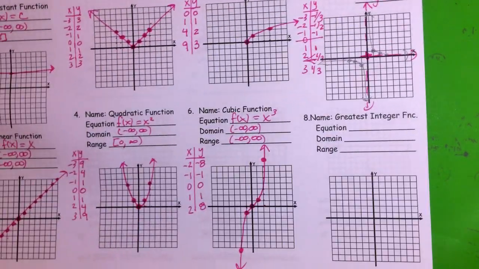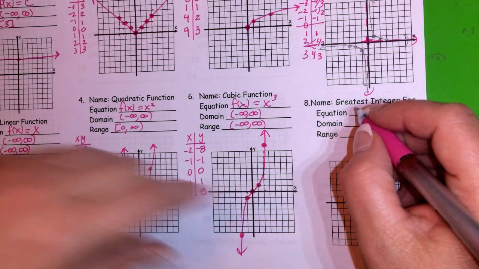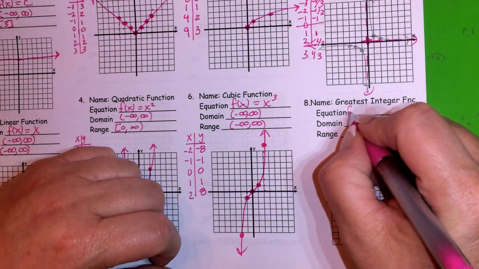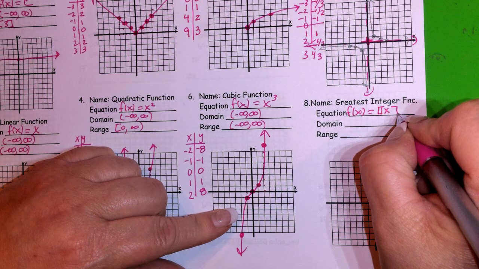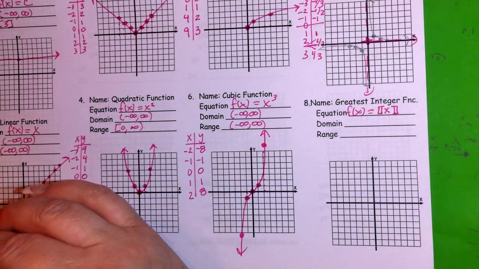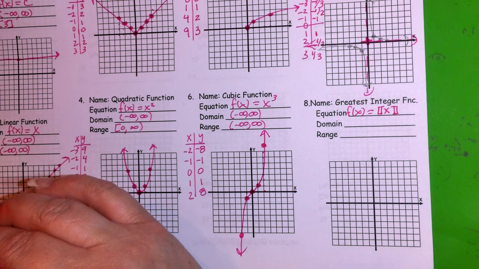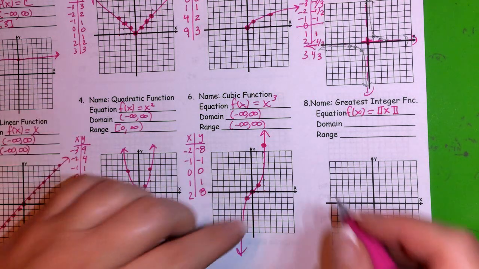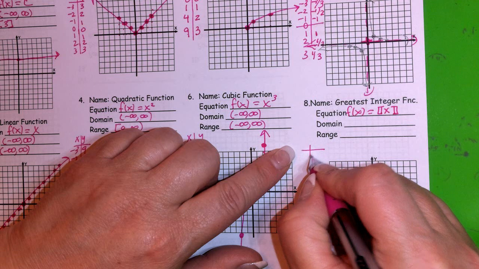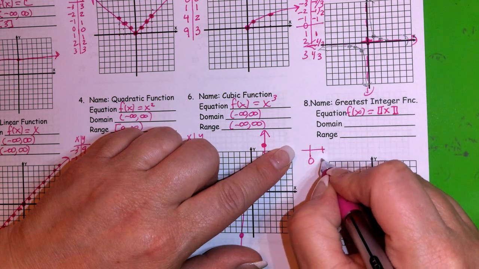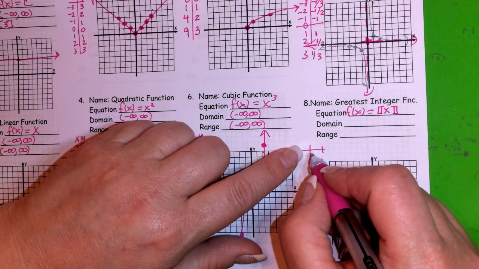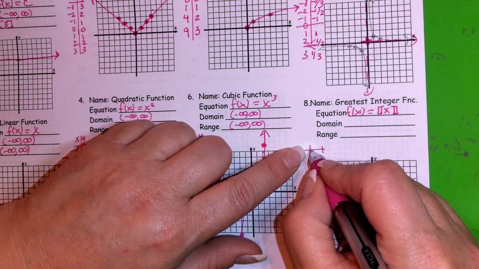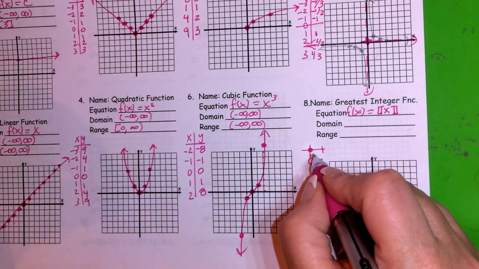Then we have the new one, the greatest integer, that we're going to be going over in the next couple of days. f of x equals the greatest integer. So we've got to think about integers on a number line real quick. Let's say this is 0, this is 1. We're going to start at 0 because 0 is an integer.